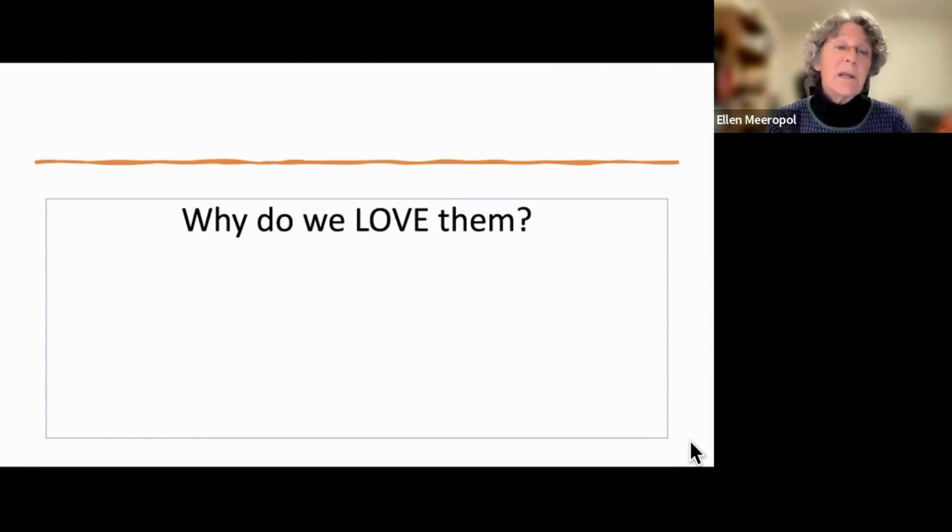So maybe we need evil characters, but why do we love them, if we do love them? I think we love them for all of the plot and dramatic reasons we mentioned a minute ago, all the things that they do in their stories. Some of the most memorable characters in literature are not the folks you want for a friend.